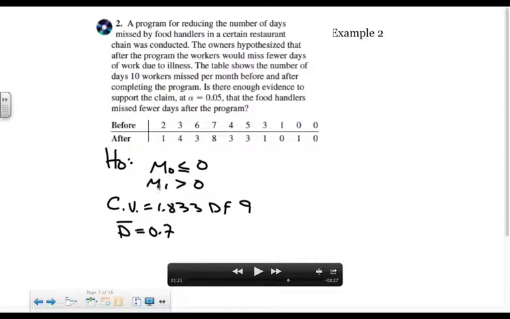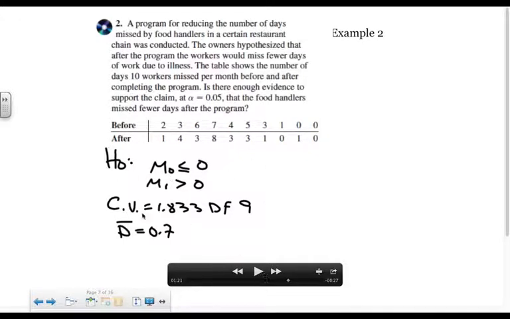We're not saying that the days missed after will be less than the days missed before. What you're trying to say is that they're different, which means that if we take the difference of the two, this will be greater than 0. Because if it's greater than 0, then we can definitely say that there's a difference. If it's the same as 0, then we can't say. So this will always be a one-tailed test with the mean difference being greater than 0. This hypothesis will always be the same.